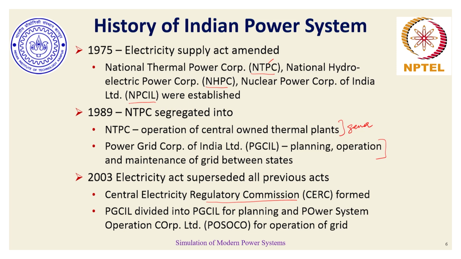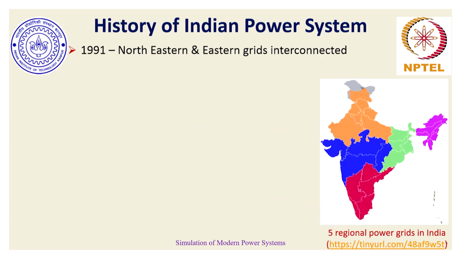And if we had planners and regulators, we needed our own operators, which is where POSOCO came into existence in the early 2000s. Eventually POSOCO was also transformed. PGCIL got broken up into PGCIL for maintenance and planning, whereas POSOCO, Power System Operation Corporation of India Limited, was responsible only for the operation part as devised and dictated by the regulators.